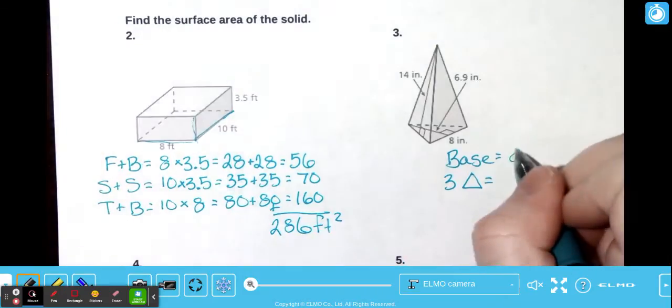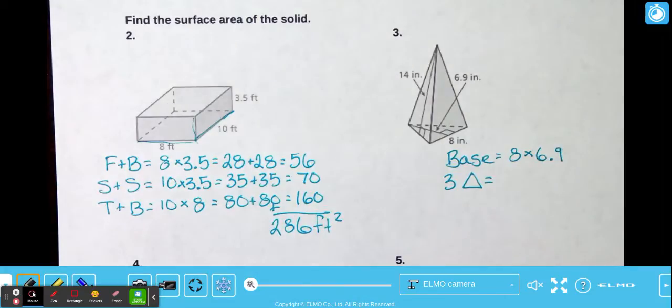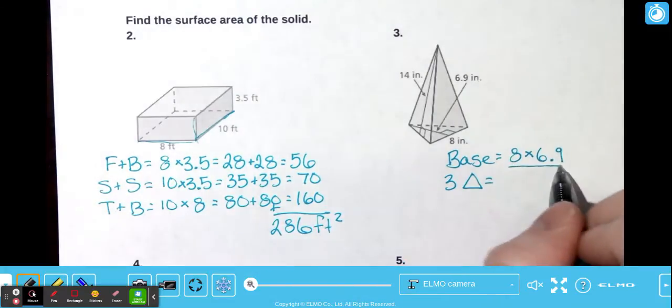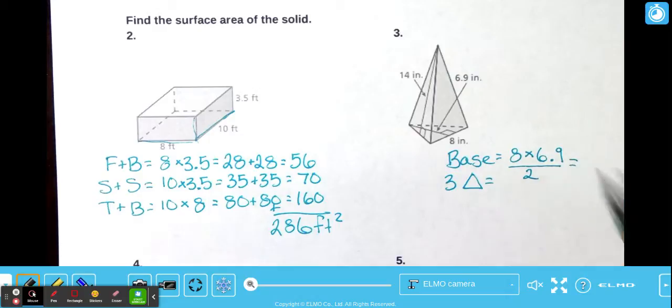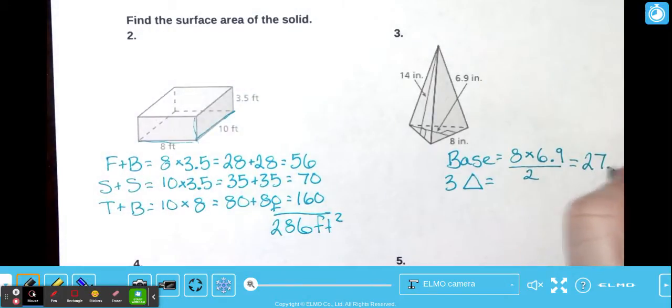What is the height of that base triangle? 6.9. And because it's a triangle, what do I need to do to it? Divide it by 2. Okay, and there's only one base triangle, so we're not going to double it. We're just going to figure out what that one is. So 8 times 6.9 divided by 2. Okay, 27.6.